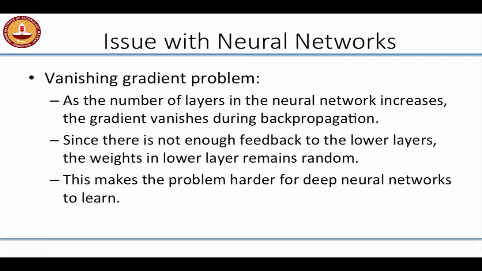But as the number of layers increases, the gradient that you compute by doing backpropagation becomes vanishingly small. Since there is not enough feedback for the early layers in the network, the weights in the lower layers remain random wherever you initialize them, and so you are not able to learn any deep networks.